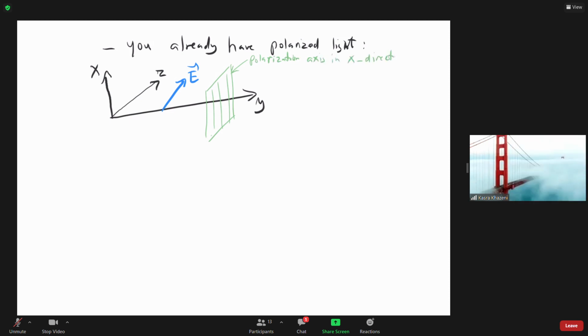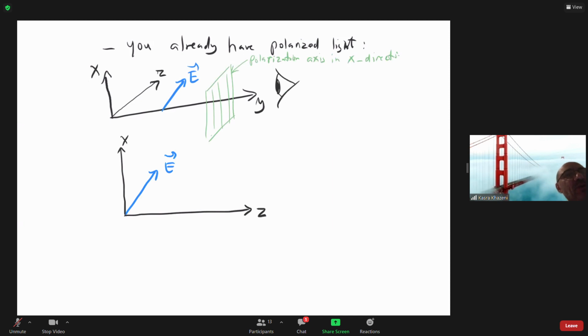Now I'm going to look at this whole thing head on, like that. So what I'm going to see is this, and then the electric field like that, because it's already polarized.